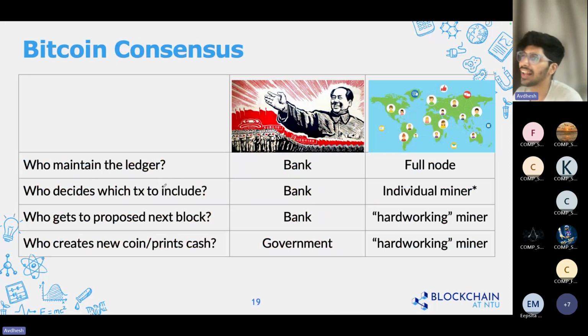How? I'll go through this diagram at the end of the slides, because you'll know more about this by then. But I'll give a brief introduction of what we are going to learn here. Who maintains the ledgers?